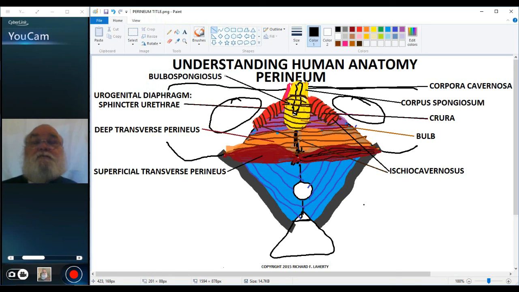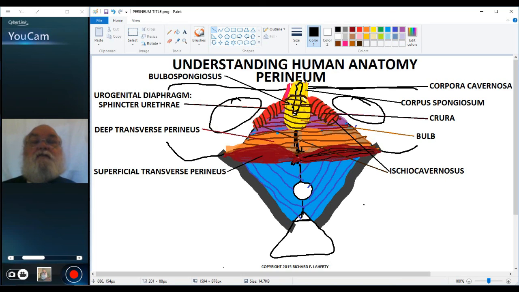So that you can see in the urogenital triangle, we have the urogenital diaphragm composed of sphincter urethrae, deep transverse perineus, and superficial transverse perineus.